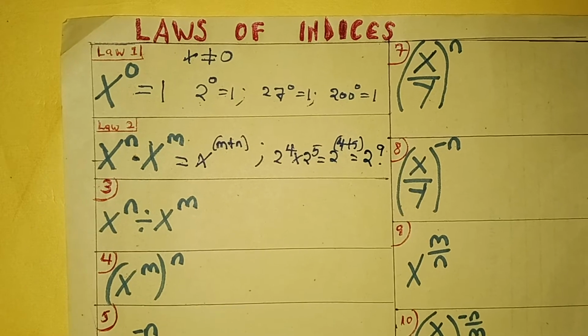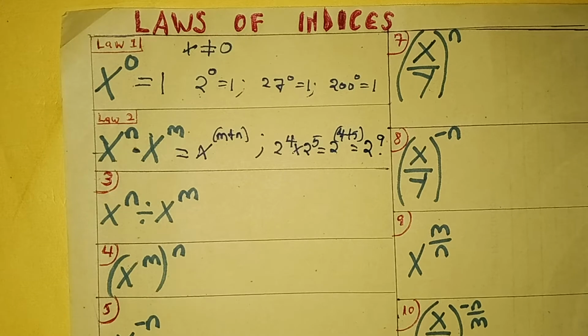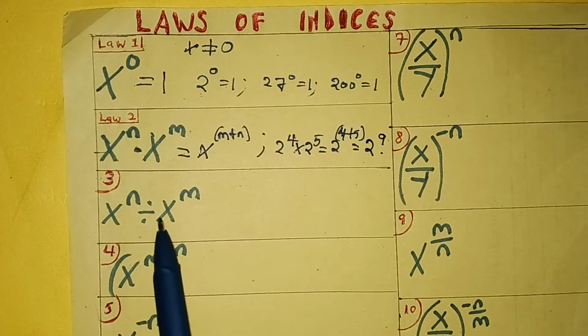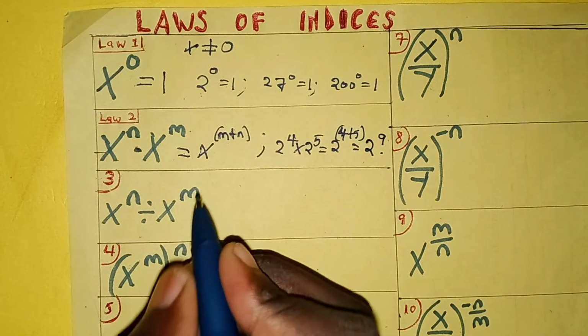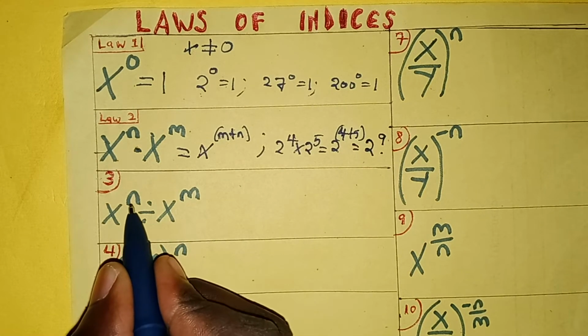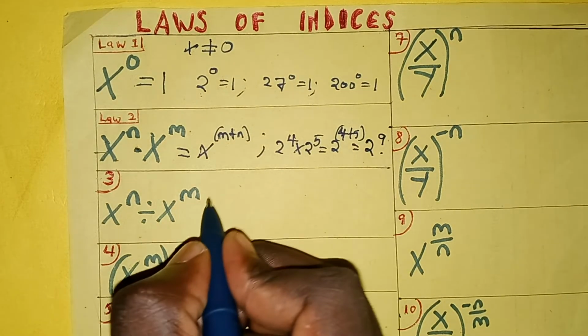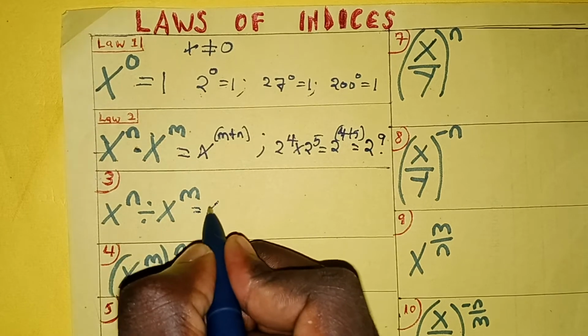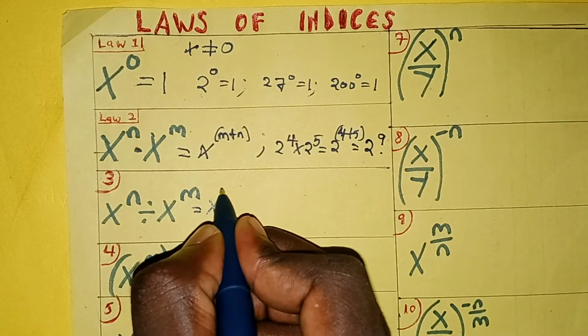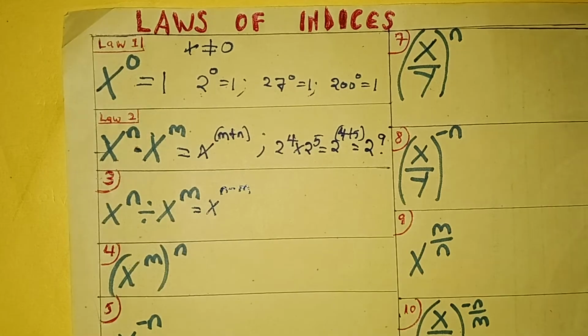Now, law number 3, when dividing the same bases, we subtract the powers. That means x power n divided by x power m is equal to x power n minus m.